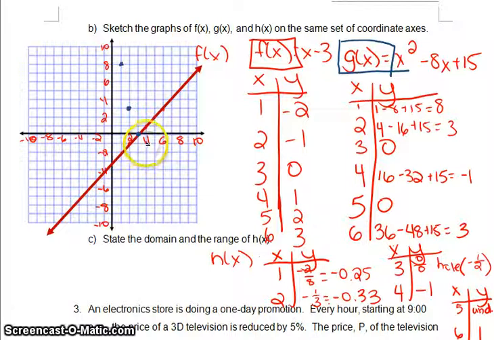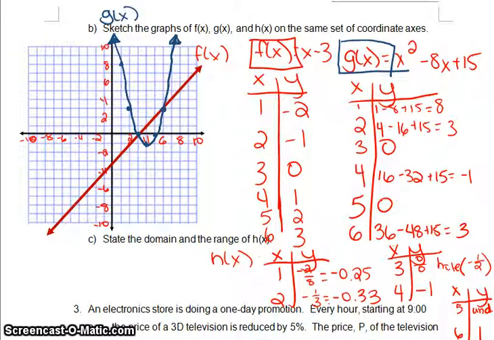When x is 4, y is at negative 1. When x is 5, we're at 0. And when x is 6, we're at 3 there. Alright. And so we'll connect it. We'll do a nice perfect parabola with my shaky hands. It's going to look oh so wonderful. And then we'll label that g of x there.